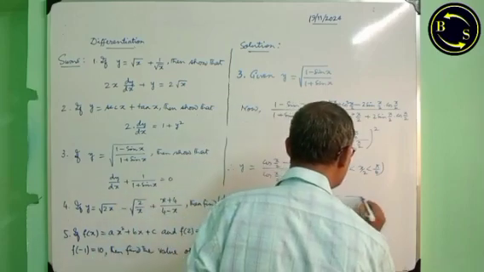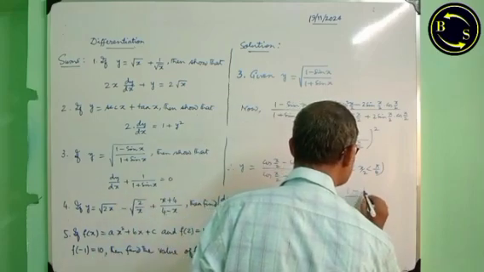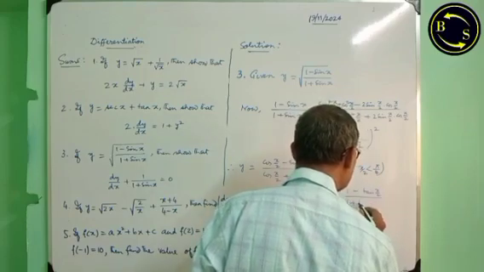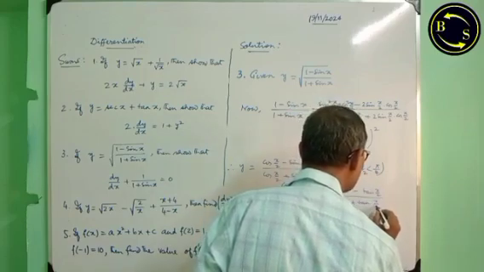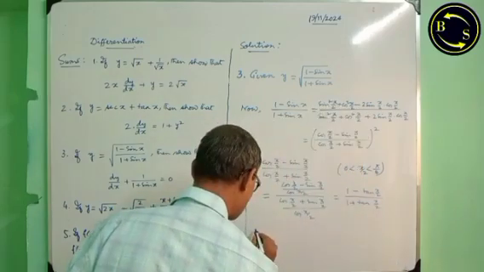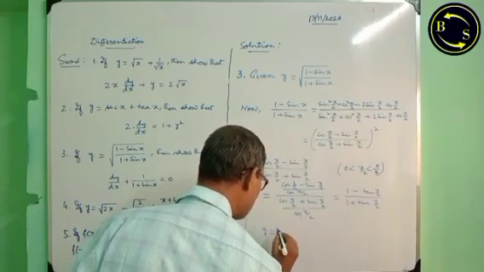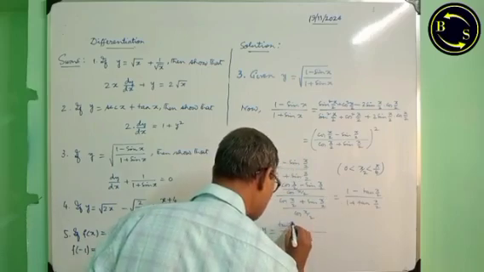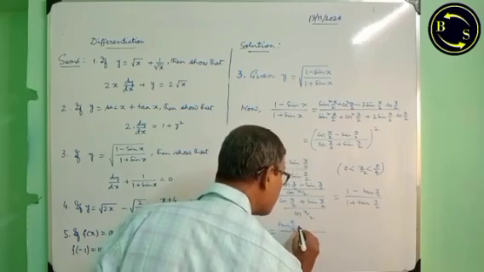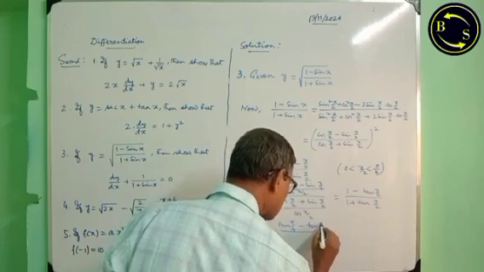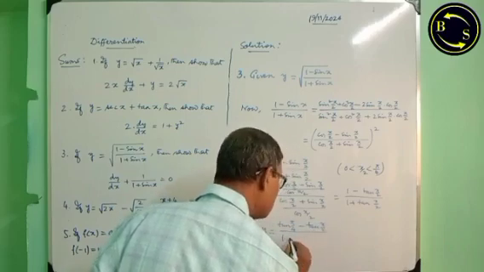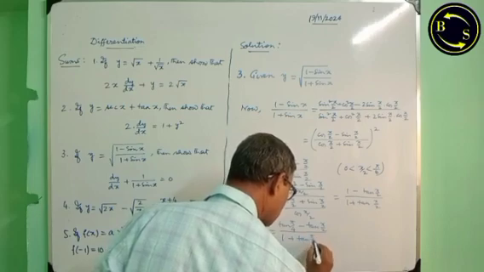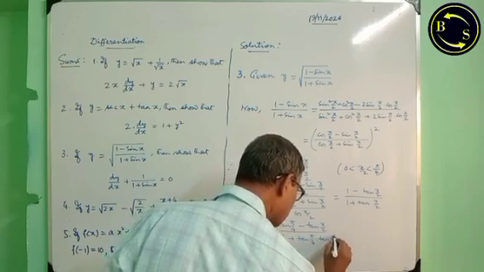This one is 1 minus tan x by 2 by 1 plus tan x by 2. Therefore, y is equal to, the 1 means tan pi by 4, minus tan x by 2, by 1 plus tan pi by 4 into tan x by 2.